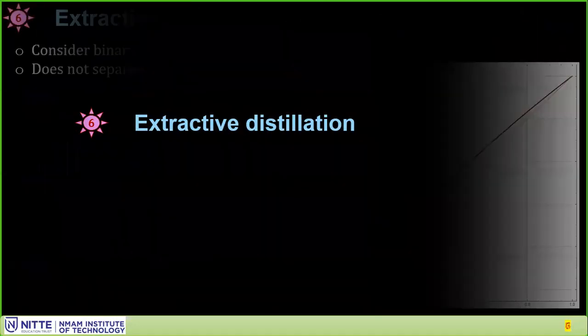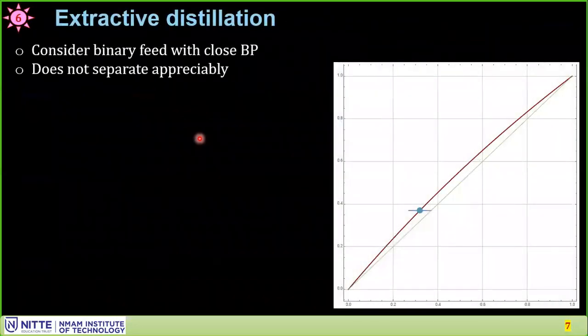Right, let us see another type, extractive distillation. Before you get into what is extractive distillation, just ponder over this point. Consider a binary feed with close boiling points. I have given you one equilibrium curve here, y versus x. The gray colored line is the diagonal line, x equals y. The brown colored line is the equilibrium line.